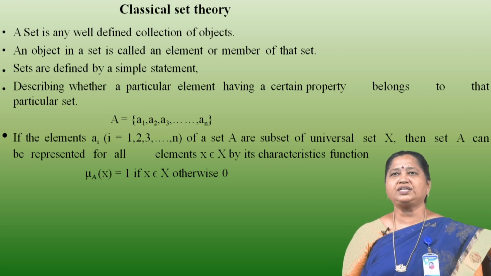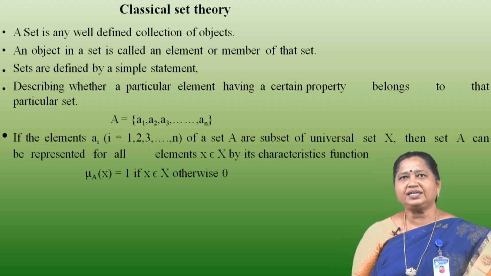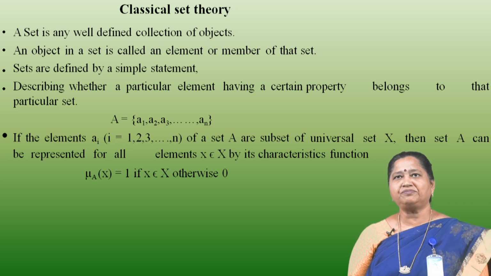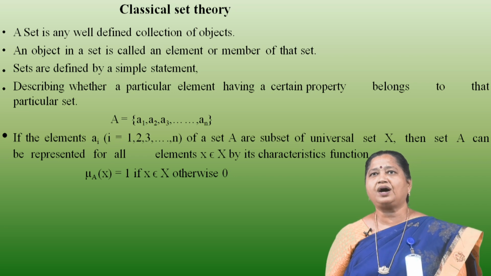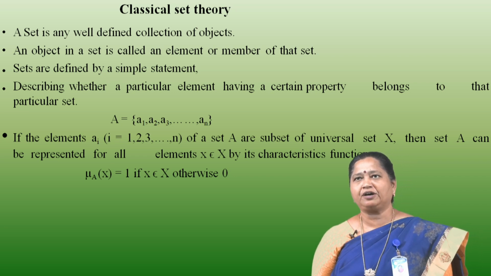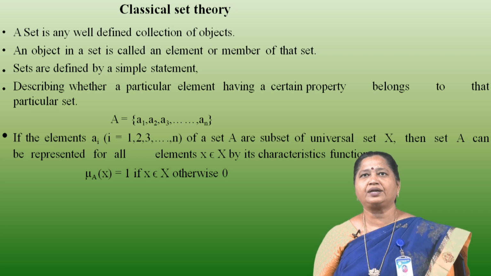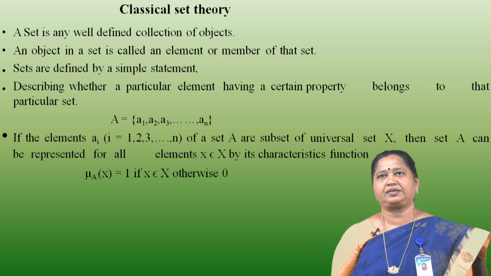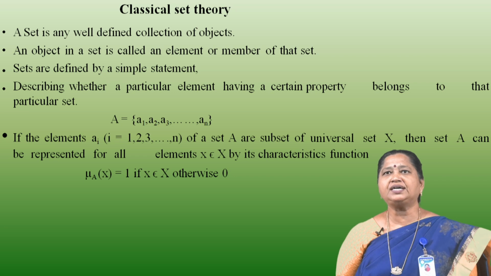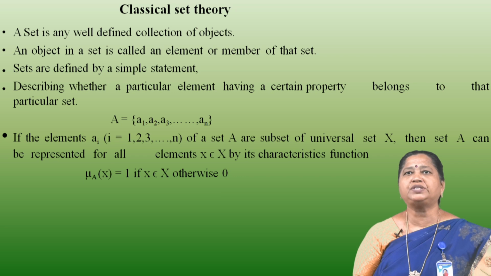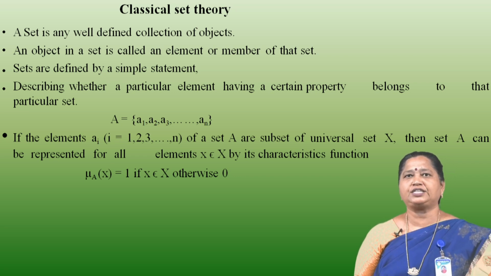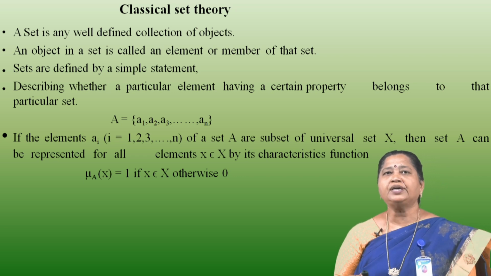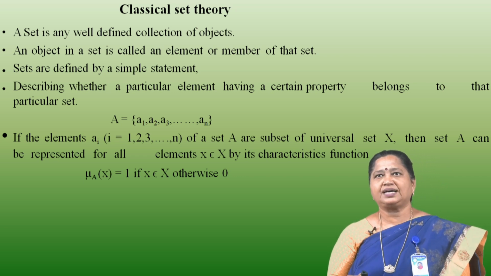Classical set theory. What is a classical set? A set is any well-defined collection of objects. An object in a set is called an element or member of that set. The sets are defined by a simple statement describing whether a particular element having a certain property belongs to that particular set. A, capital A, is equal to the set of A1, A2 and so on, AN. This is a classical set.